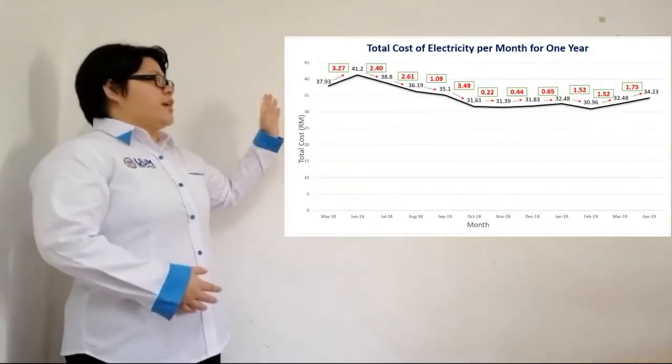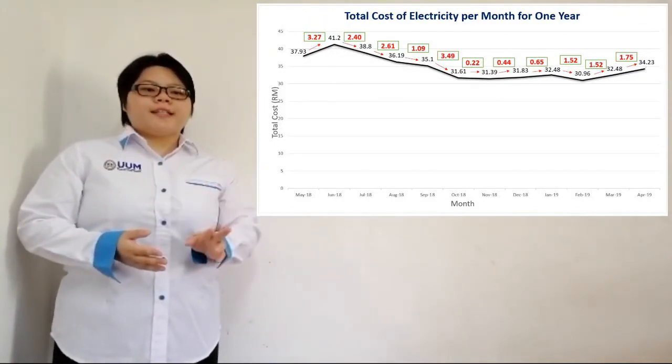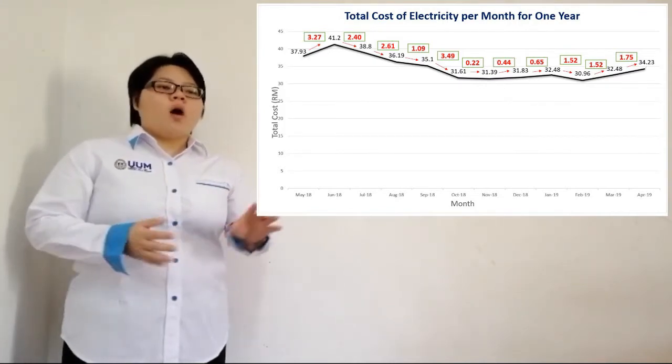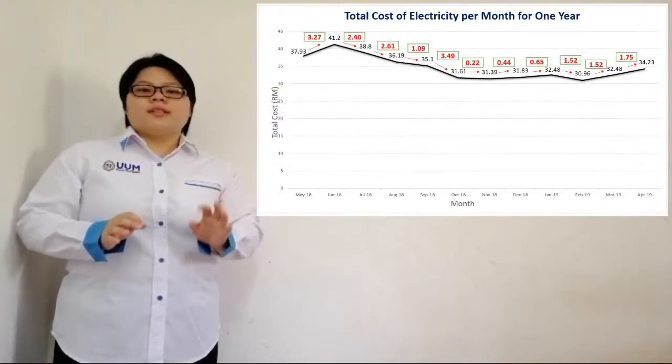According to the data, the electricity cost in May of 2018 is 37 ringgit and 93 cents, while it had a great increase to 41 ringgit and 20 cents in June of 2018, which is an increase of 3 ringgit and 27 cents.